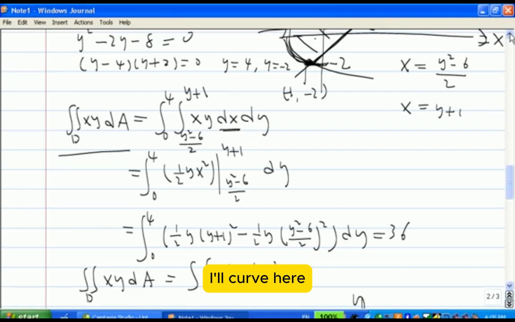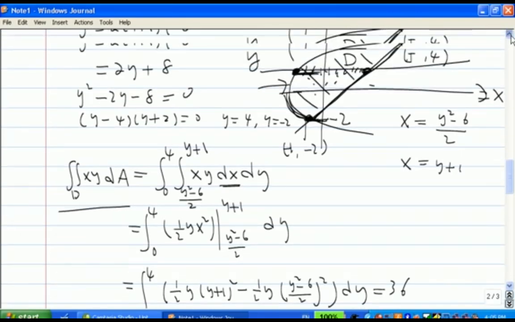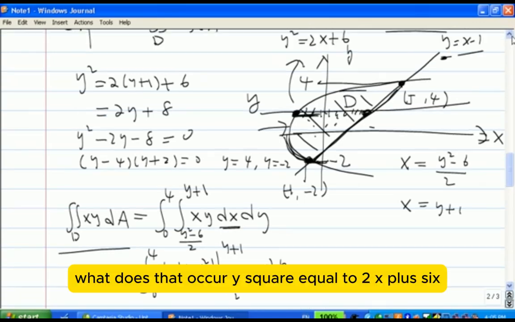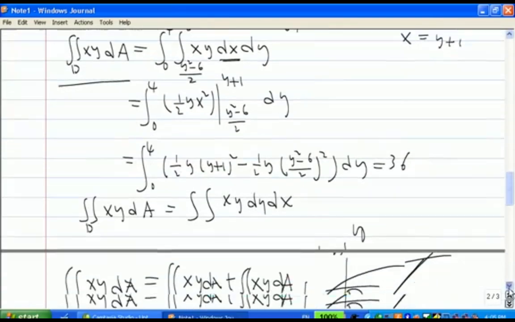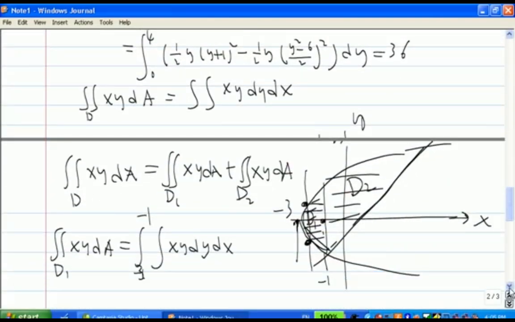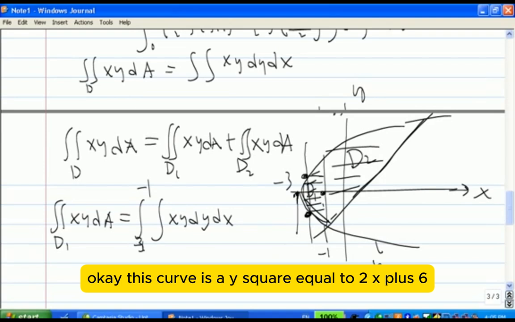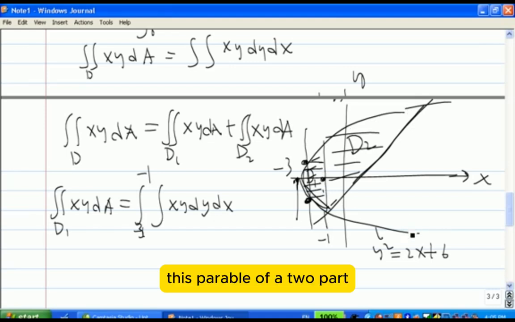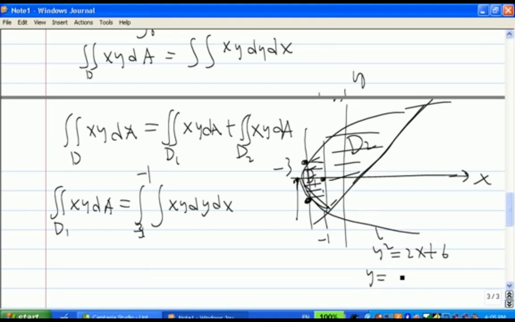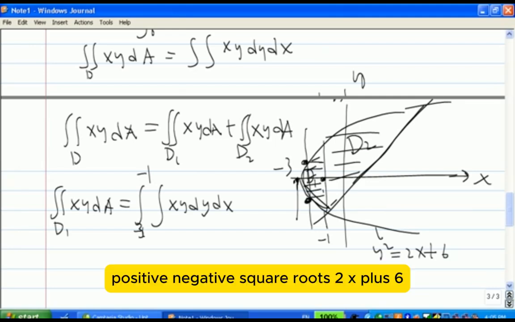Our curve here is y squared equal to 2x plus 6. This whole thing, this parabola, has two parts. If you solve, y equals positive or negative square root of 2x plus 6.